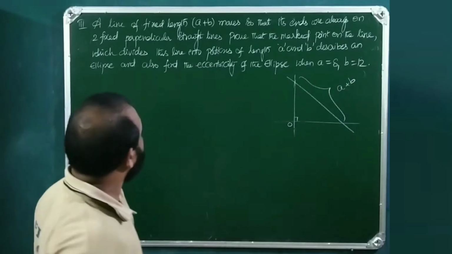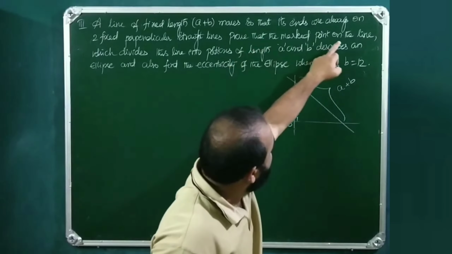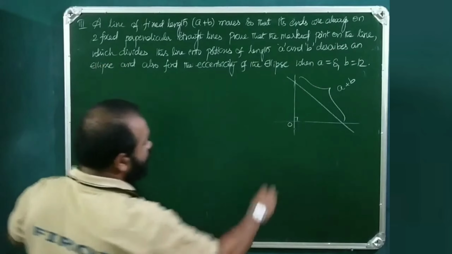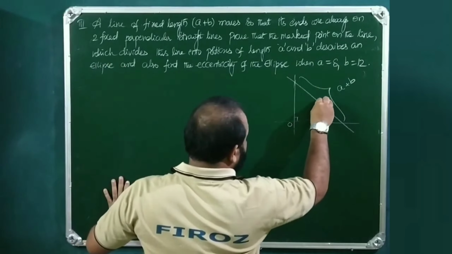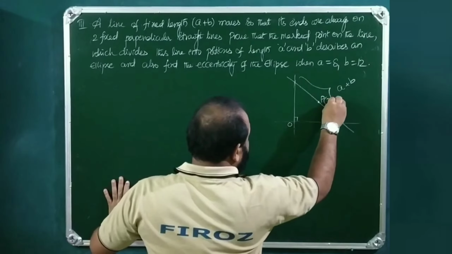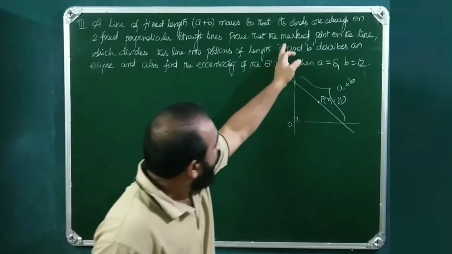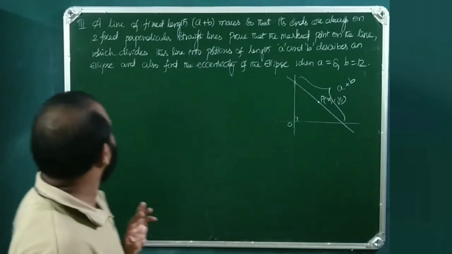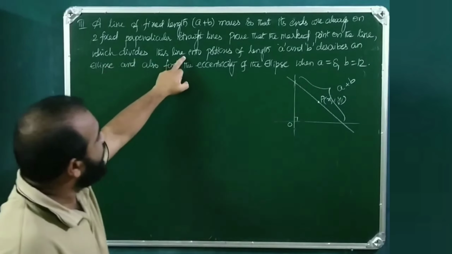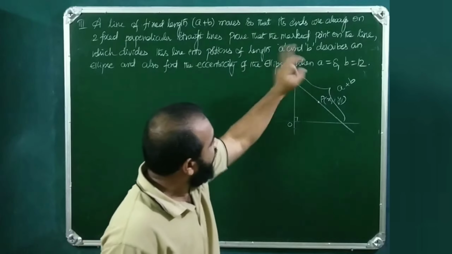Now, prove that the marked point on the line, let this be the marked point P(x1, y1), divides this line into portions of length A and B.